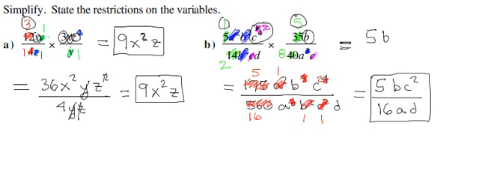This is a 3 that got scratched out, and this 2 is the real exponent. C to the 2. Downstairs, we have 2 times 8. We have a single a. There are no b's. There are no c's anymore. They've been scratched out. And we have a single d.